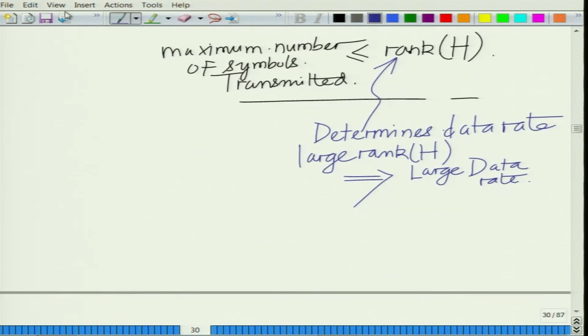And therefore, once you have the MIMO system, you can transmit a much larger number of symbols. That is basically in the same time and frequency, you can transmit a much larger number of symbols. That is, you can multiplex a larger number of symbols. This property is termed as spatial multiplexing.